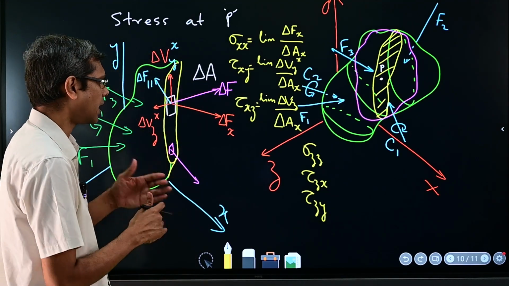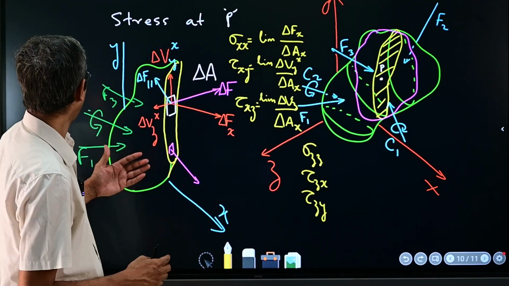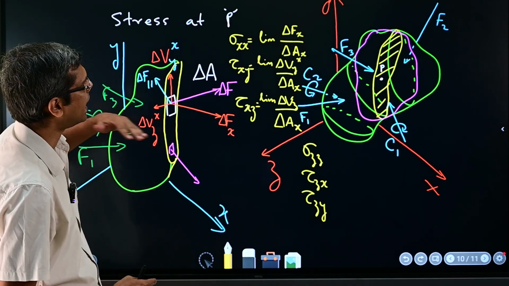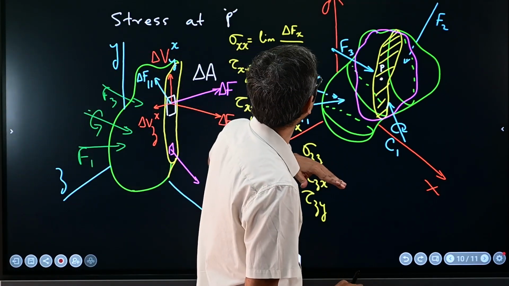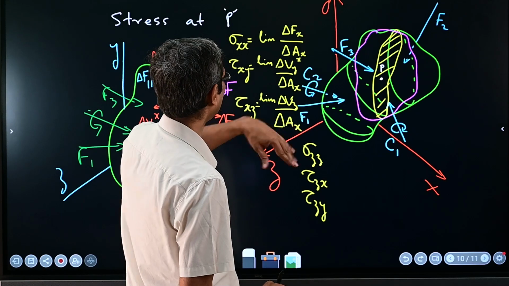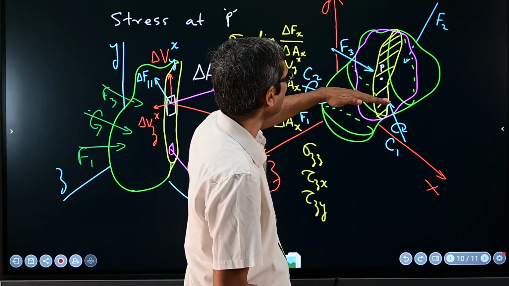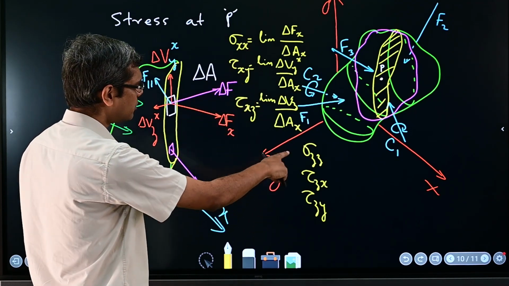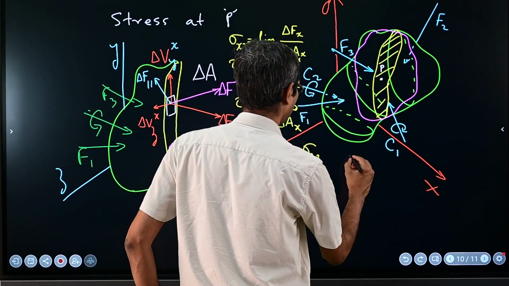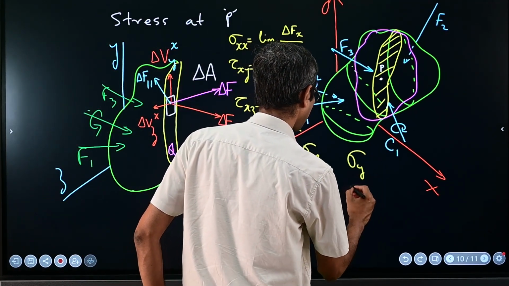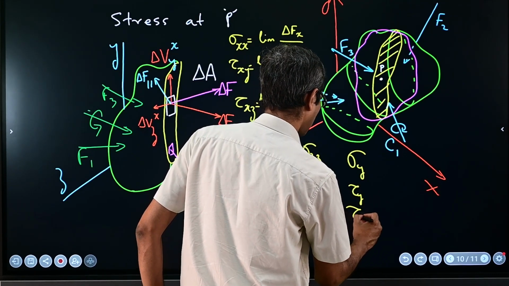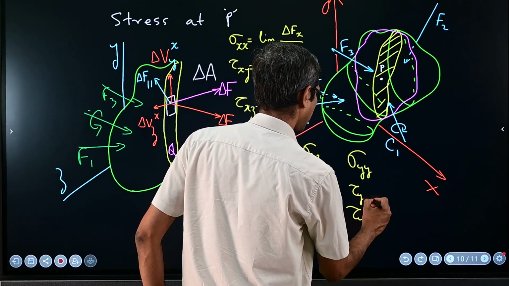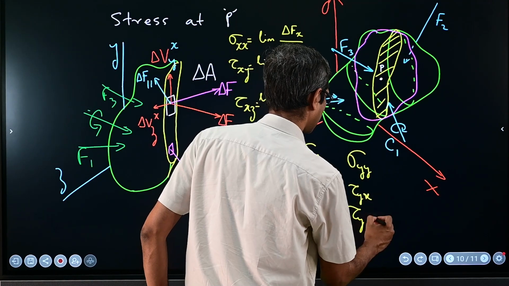And again the third one is you cut a plane parallel to the xz plane, okay. So this was xy, fine. So xz plane, so that you will get the normal in the direction of y, so you will get another three things like sigma yy, and here it's yx and yz.